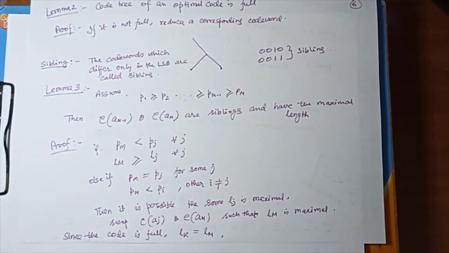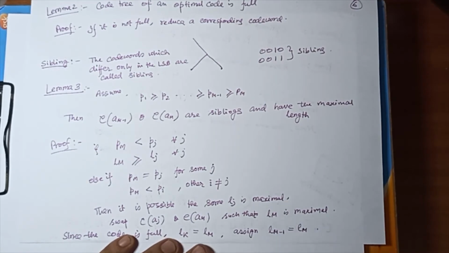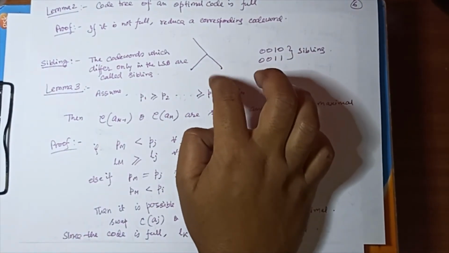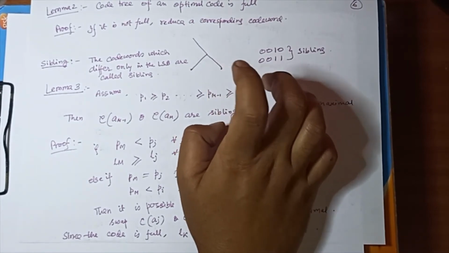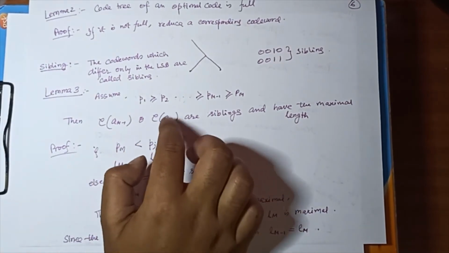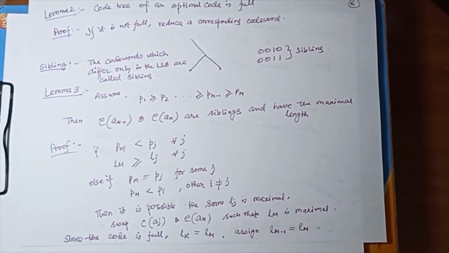So that does not change any generality. So you can always assign Lm minus 1 to be that Lm, by swapping those corresponding things. Then for this assignment, the last two symbols Am minus 1 and Am, you assign the code words C(Am minus 1) and C(Am). Both will be siblings, and they have the maximal length, which is Lm. Okay. Now you get the idea.